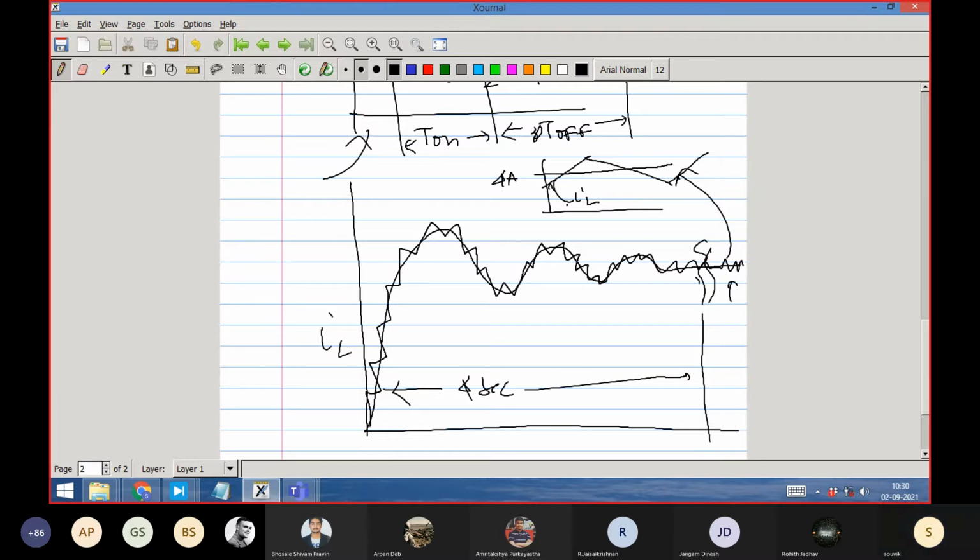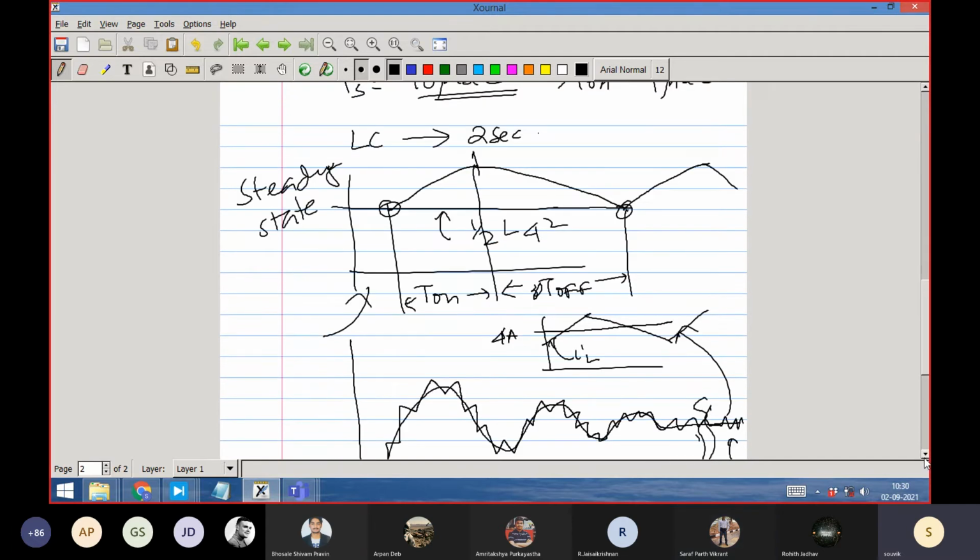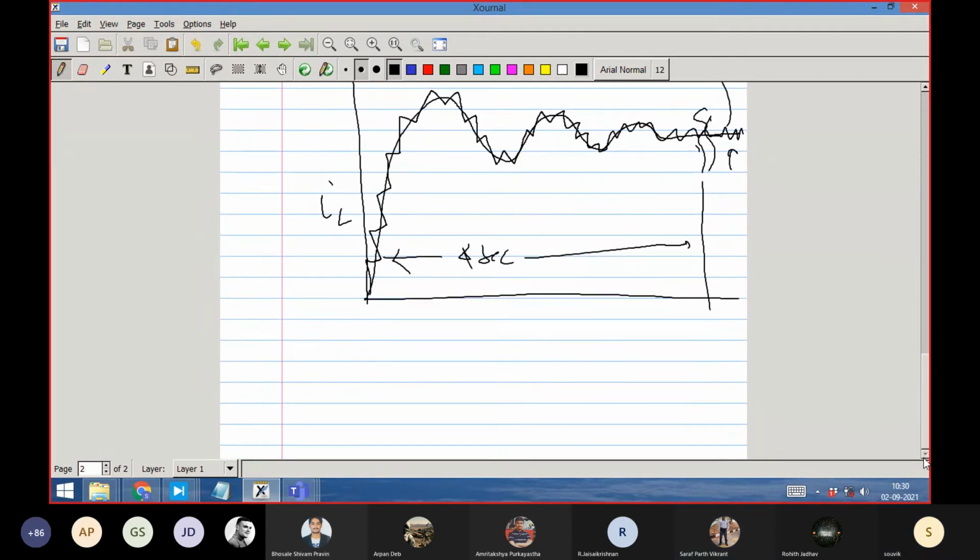Yes, sir. Tell me. So how will the energy stored in the capacitor look in the steady state? Oh, that is similar. Same, not same. Similar. Capacitor energy, let me draw it here itself.